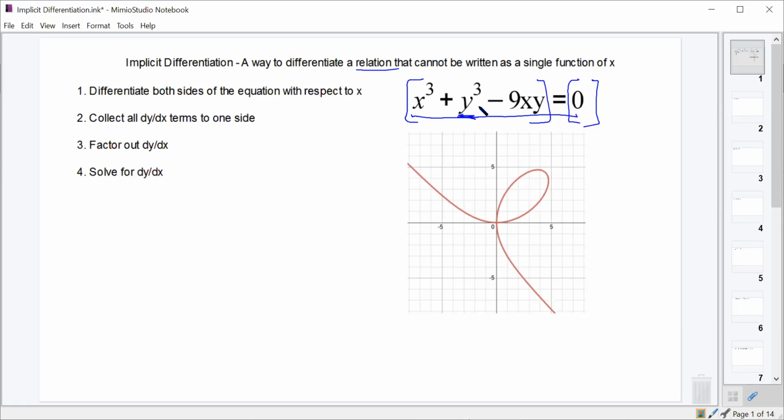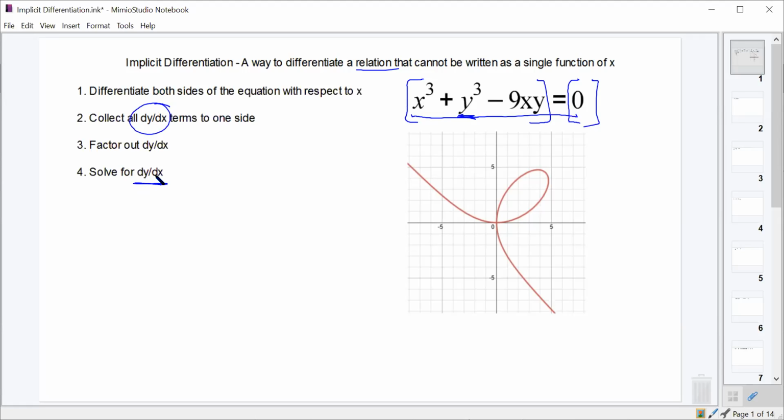True. Yeah. So when we do take that derivative, we're going to end up with a bunch of terms in it that are these dy dx terms that are just meaning the derivative of y with respect to x. And our goal will be to solve for dy dx, which will require us to factor out the dy dx and put them all on one side and factor it out and then solve.